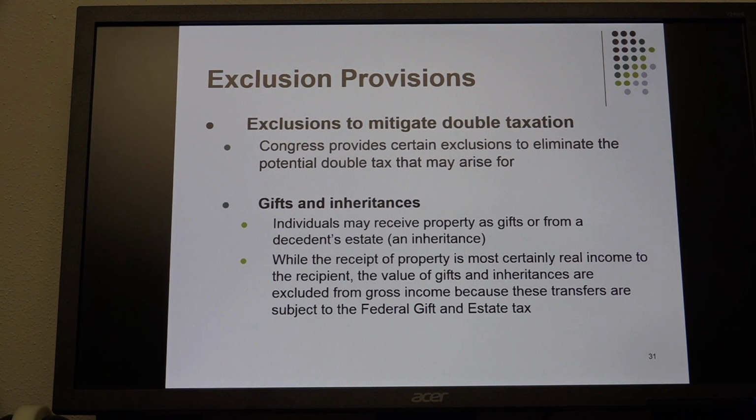They have certain exclusions that are meant to mitigate double taxation. Gifts and inheritances: you receive money or you receive anything by gift, a ring, property, real property, personal property, money from your rich uncle. That receipt of the gift is non-taxable to you. Well, why is that?